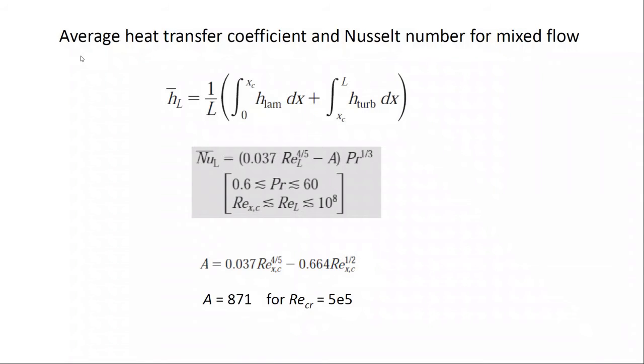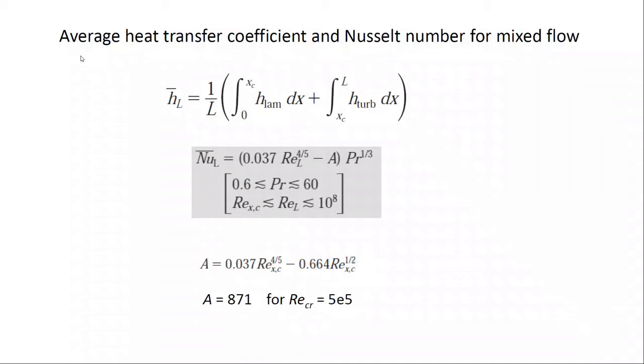So we considered an expression for the local heat transfer coefficient and the local Nusselt number for turbulent flow. So now we'd likewise be interested in understanding the average heat transfer coefficient for a plate undergoing turbulent flow.